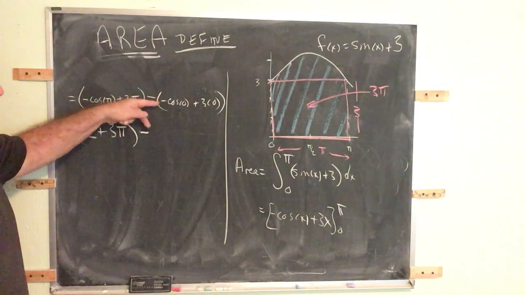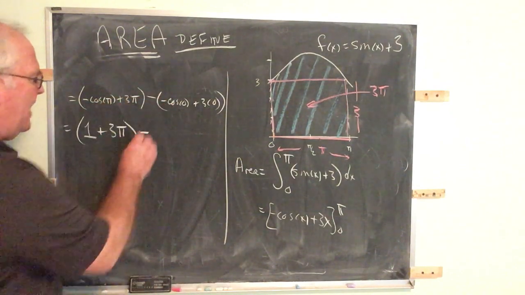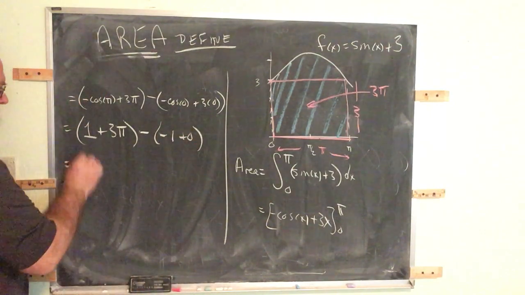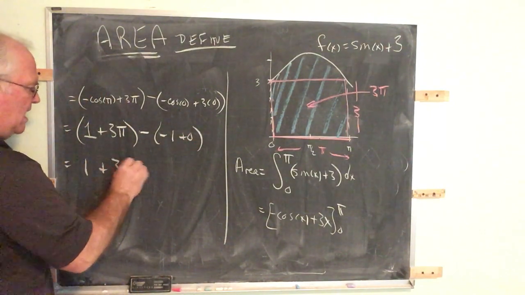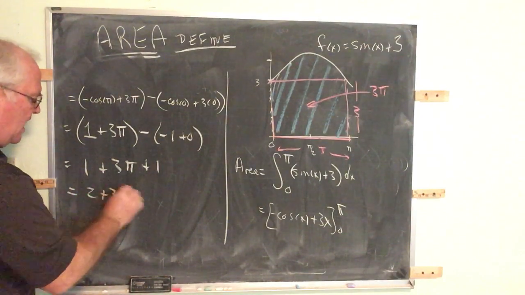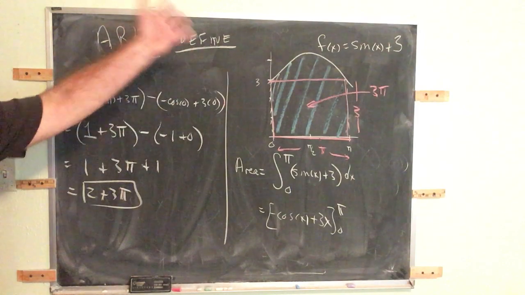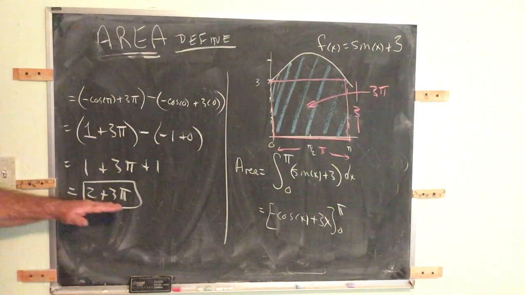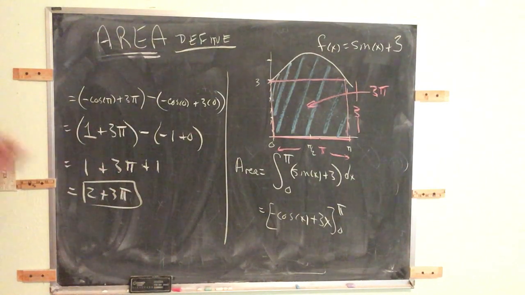Cosine of 0 is 1, so that's negative 1, but we got minus negative 1 plus 0, so 1 plus 3 pi plus 1, so that's 2 plus 3 pi. That's a little bit more than 3 pi, which is what we said it should be. So intuitively it makes sense, but it doesn't matter if it makes sense or not. That is the area of that region.